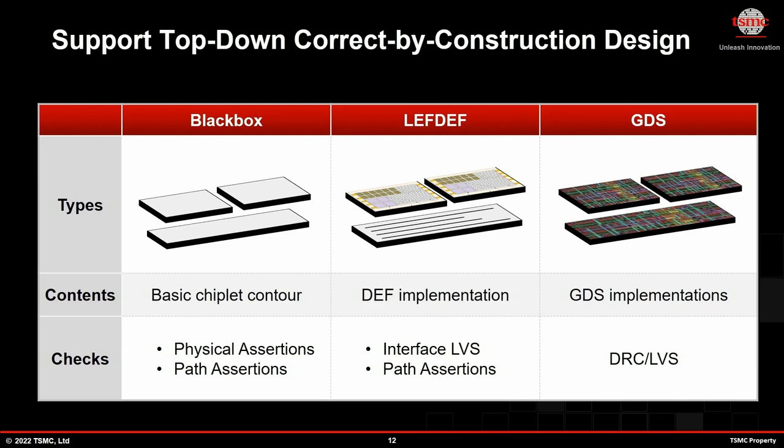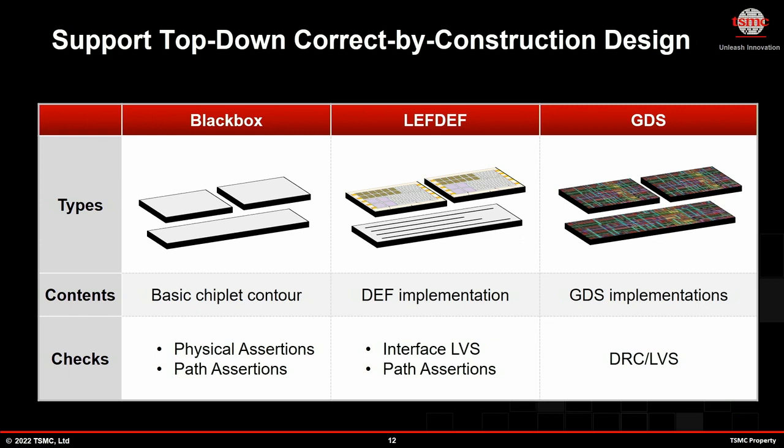Just by placing these very rough models, there are already a lot of design rules that can be checked, for example the chiplet spacing, chiplet enclosures, or the number of chiplets available, based on our design rules. And we can already place path assertions on this very simple model.